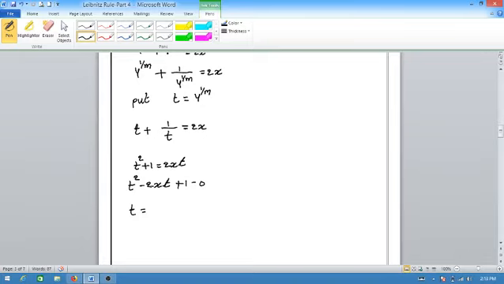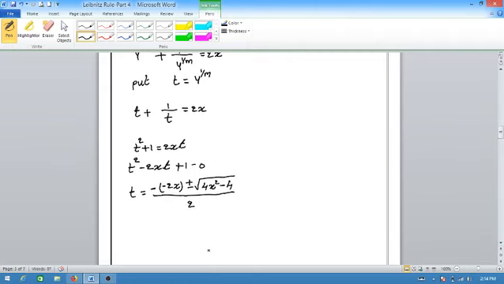So minus b here is minus 2x, so minus into minus 2x, plus or minus root of b square, minus 2x whole square is 4x square, minus 4 into a is 1 and c is 1, 4ac is 4, divided by 2a. 2 into a is 1 here.